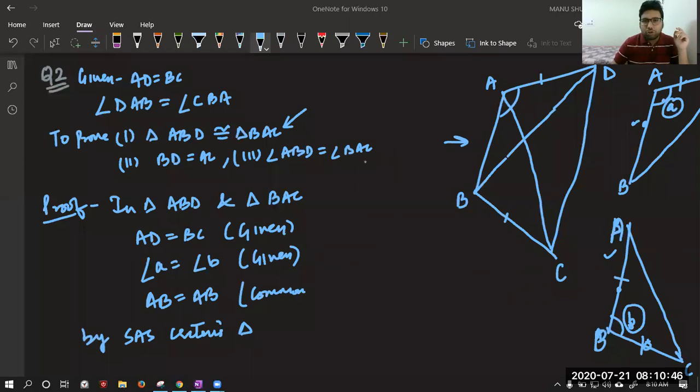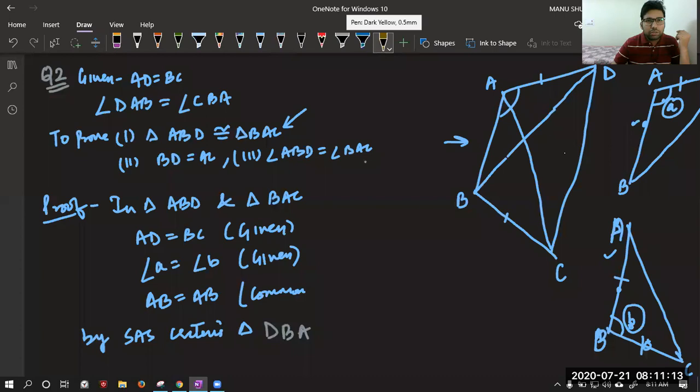I think blue pen is okay for all of you. If I change the pen, it will be difficult for you. But blue pen is okay. Triangle, let me call it DBA. This will be lighter. One second. If I take red pen, then you will see it is an issue.